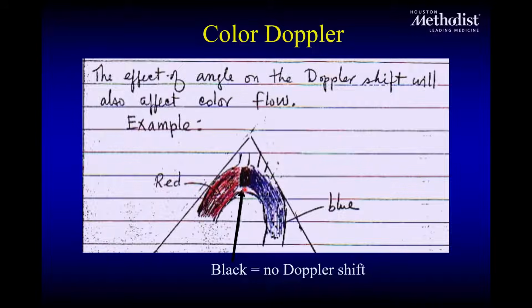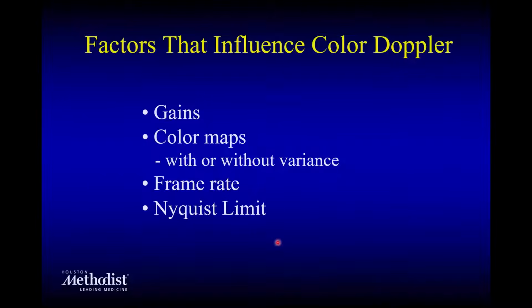So actually you're going to have black, so you have no frequency shift, and then it becomes blue as it is going away from you. So your indicator for a change in direction of flow is actually this black mark in between colors of red versus colors of blue.